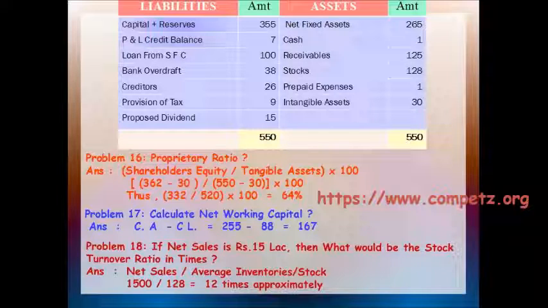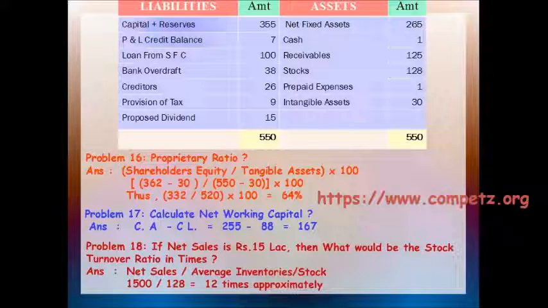If this also is not given, in the absence of the required information, any one of the formulas may be substituted. Inventory turnover ratio is equal to net sales divided by average inventory at cost, or net sales divided by average inventory at selling price, or net sales divided by average inventory.